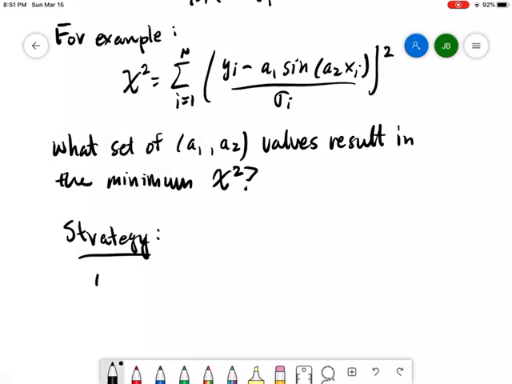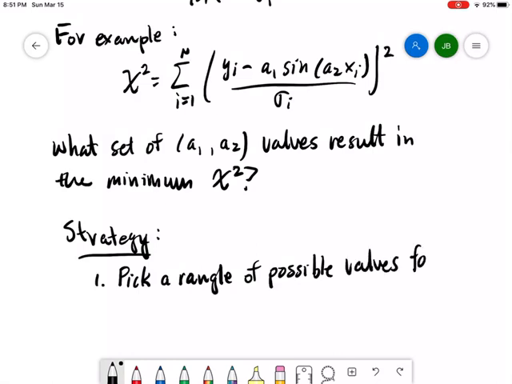So what we could do is pick a range of possible values for a1 and a2.